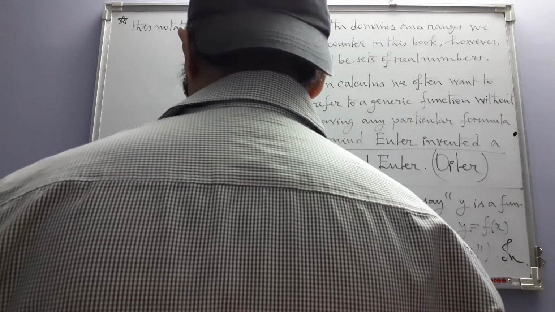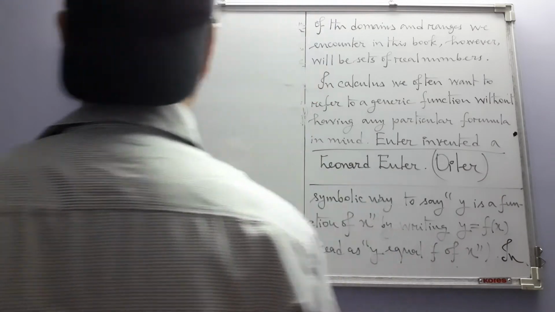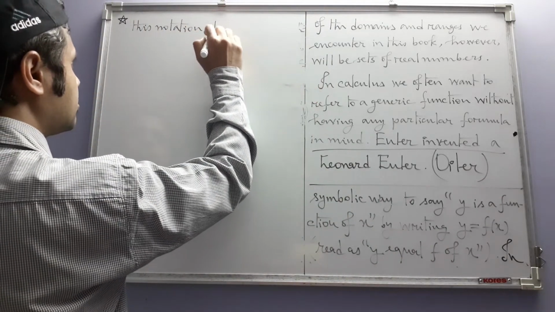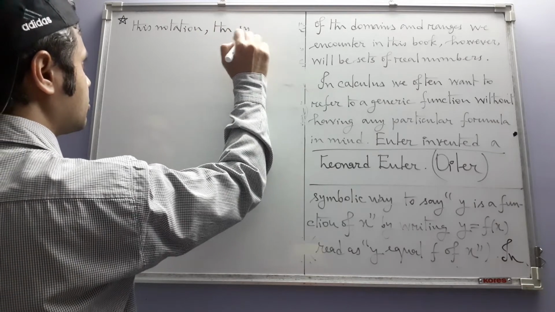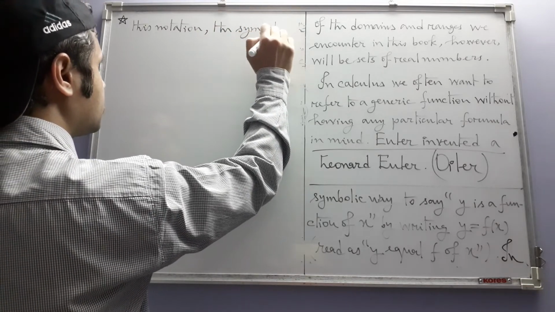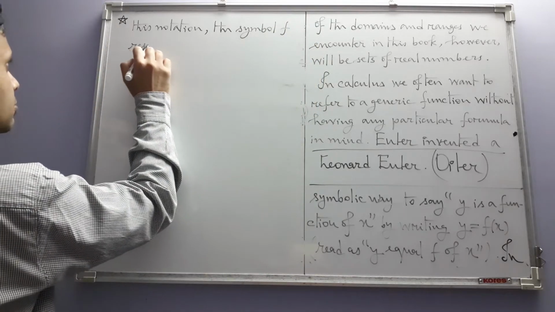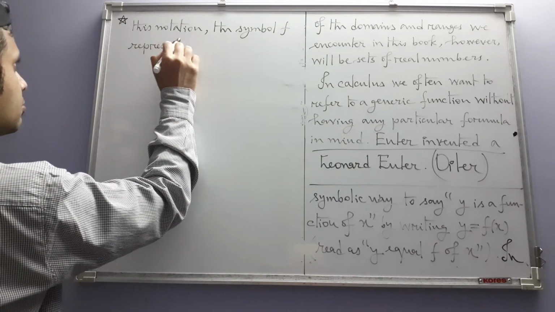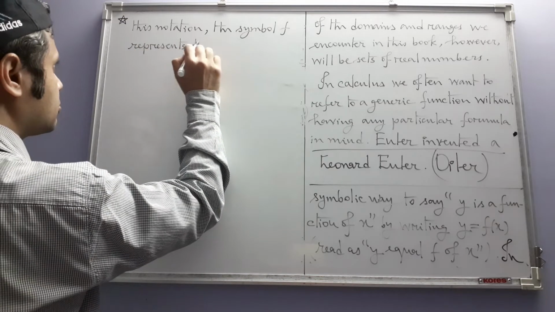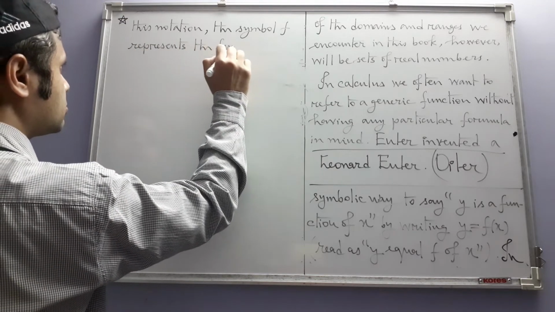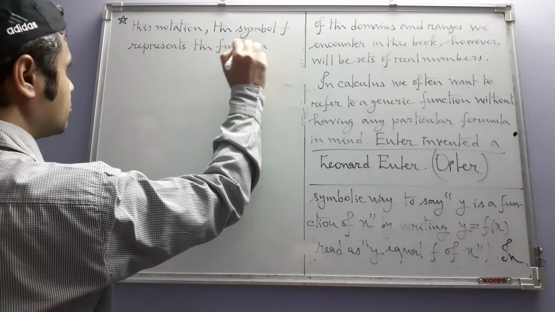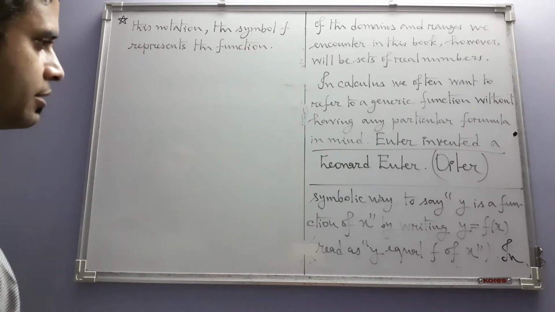In this notation, the symbol f represents the function. The history is very interesting.